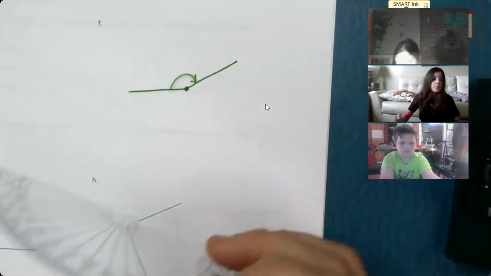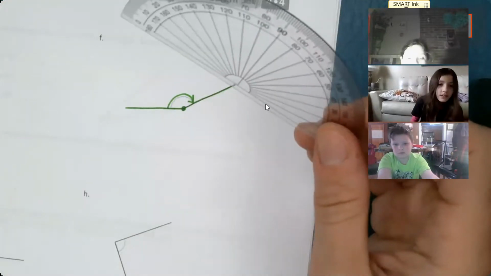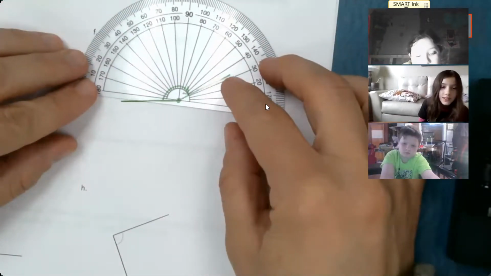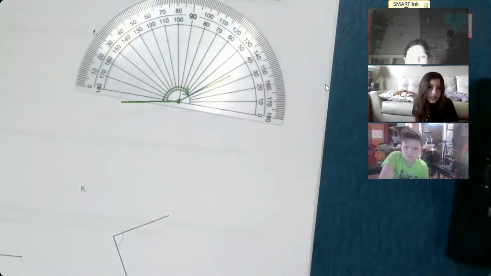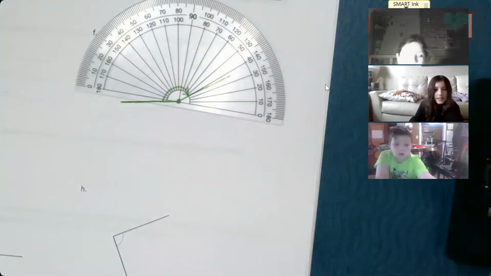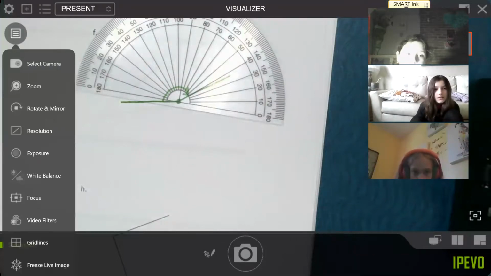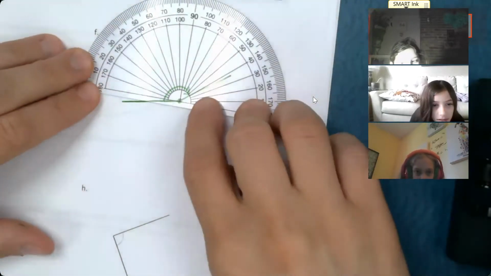What do I do first? Okay, so you put the vertex over the point. Okay. So then, maybe rotate so the center of my vertex is on the point.